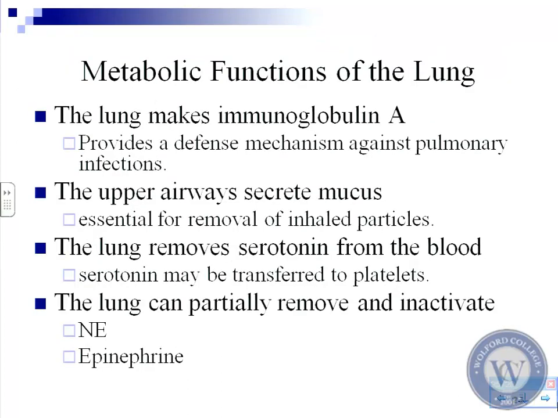Among the metabolic functions, it also makes immunoglobulin A, a component of the mucus, which helps keep the person's bronchioles from getting infected. People that don't have adequate production of immunoglobulin A have an increased incidence of developing bronchitis and chronic lung infections. The upper airway secretions secrete mucus, which is essential for removal of inhaled particles, the mucociliary mechanism.